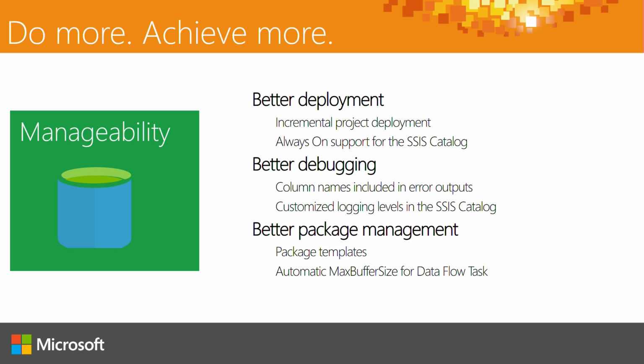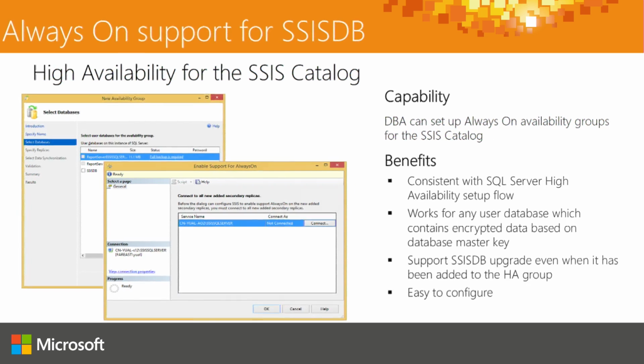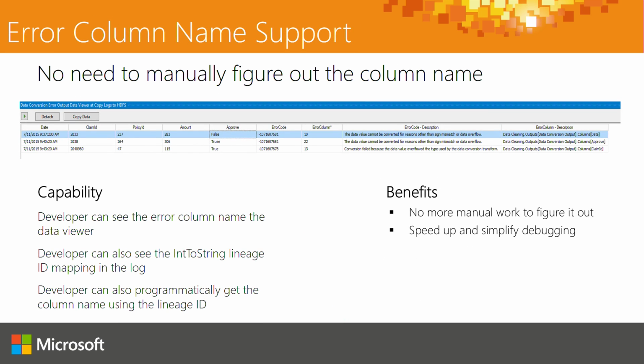You may have to do a lot of reverse engineering to figure out what this error ID refers to, what error column name it is. And what we have now introduced is error column name support. So from the data viewer, you can actually directly see the error column name. Okay, you don't have to write your own code to reverse engineer it.